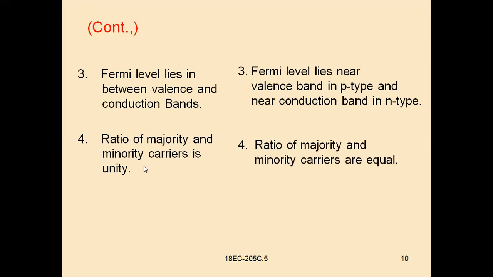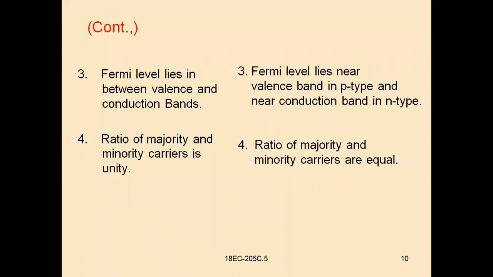And the next difference, in intrinsic the ratio of majority to minority carriers is unity. When both are equal, then you will get unity. In extrinsic, for example, if you take P-type, majority charge carriers are holes and minority charge carriers are electrons.